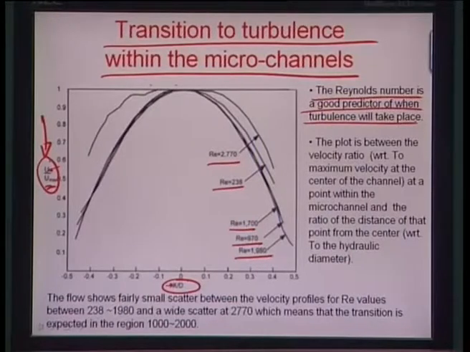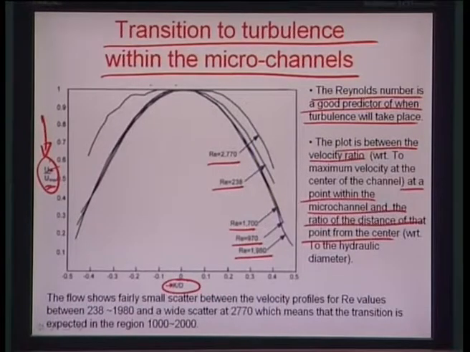The plot is between the velocity ratio at a point within the microchannel and the ratio of the distance of that point from the center, and the conclusion from this plot is that at a very high Reynolds number value, 2770, you see a fairly large scatter in the velocity.